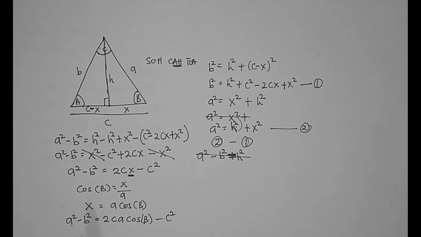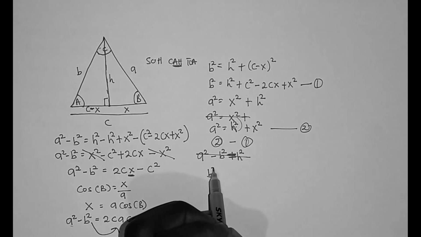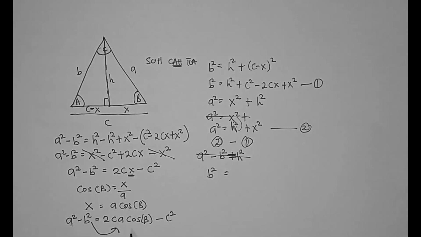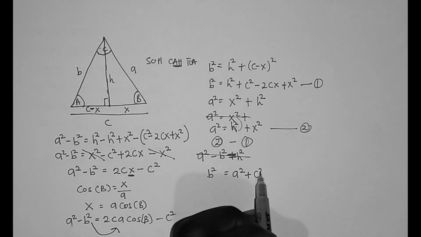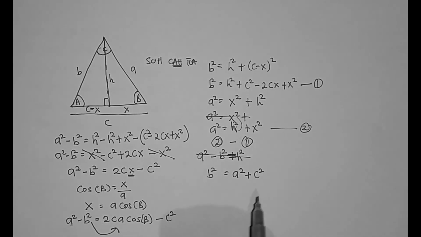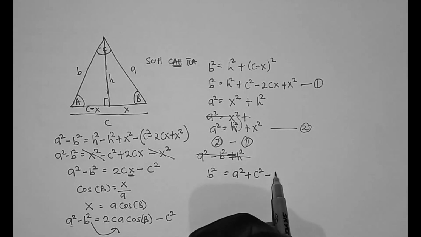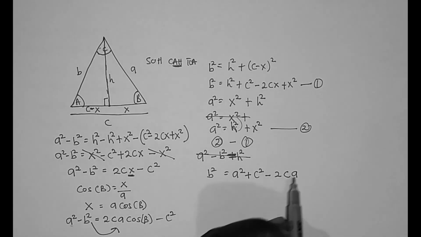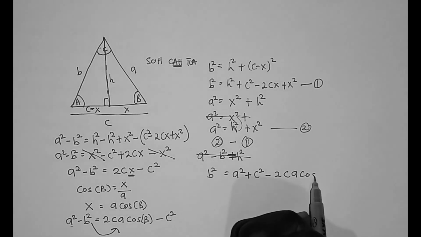Let's make b squared the subject. I'm taking b squared to this side and bringing these two terms to the left hand side. So b squared is equal to a squared, then this minus c squared becomes plus c squared. Then when this crosses the equal sign, it becomes minus 2ca cos b.